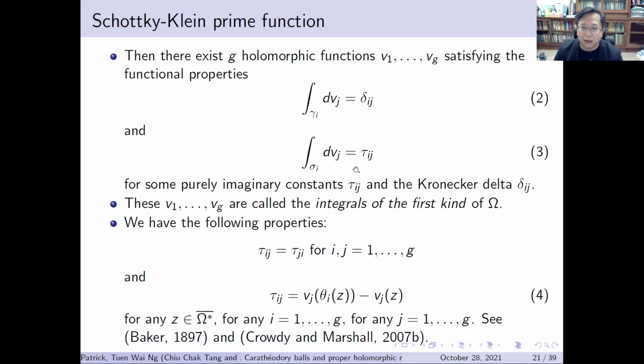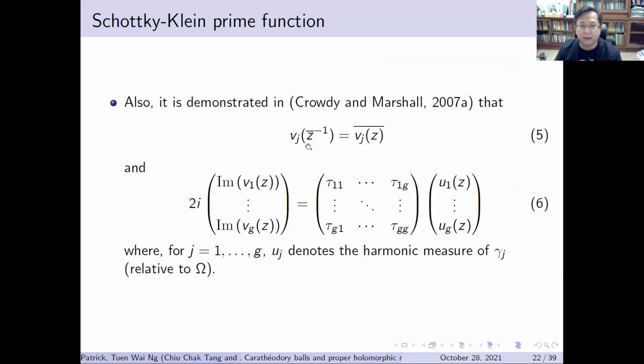Now these numbers also have some nice properties. I just state them here, and in our work we actually need to make use of them. So these are two useful properties for these numbers. And for the first integral, we also have this equation.